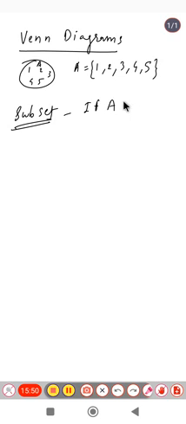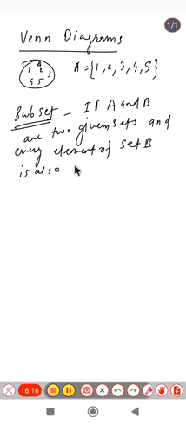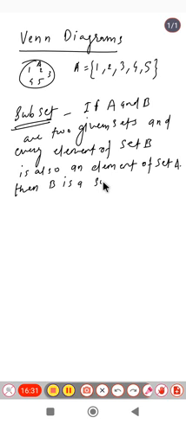If A and B are two given sets and every element of set B is also an element of set A, then B is a subset of set A. So we write B is a subset of A, this way.